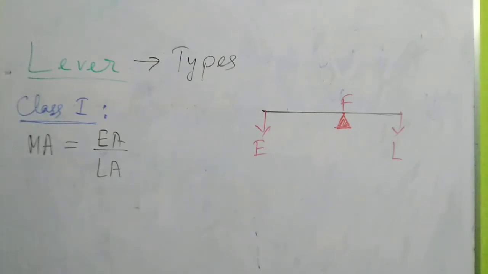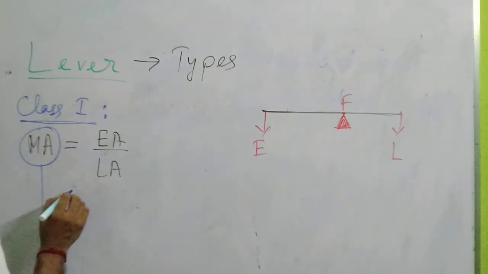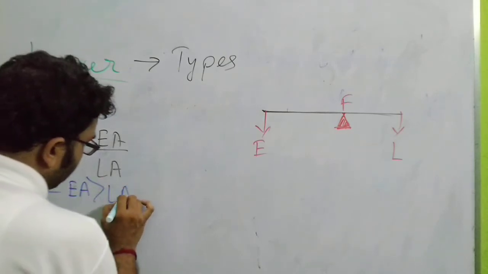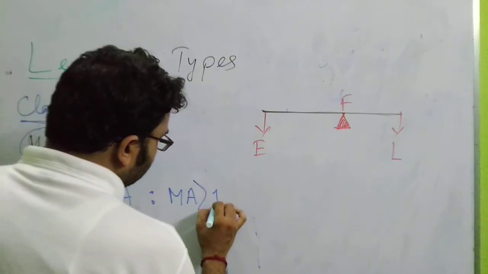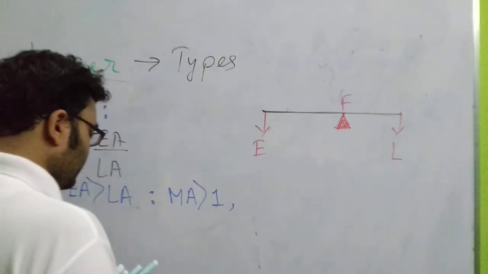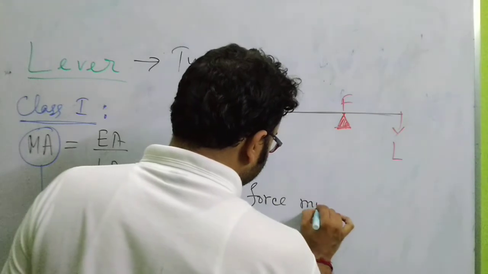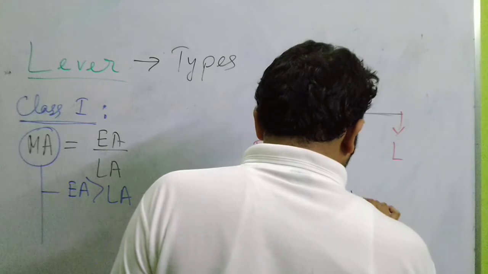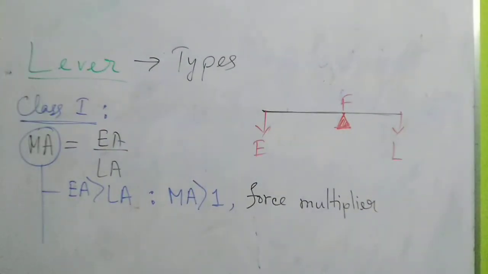There are three cases of mechanical advantage for a class 1 lever. If I consider the effort arm to be greater than the load arm, then definitely the mechanical advantage will be greater than 1. And if the mechanical advantage is greater than 1, then it is acting as a force multiplier. Now, can you think of an example which is a force multiplier?